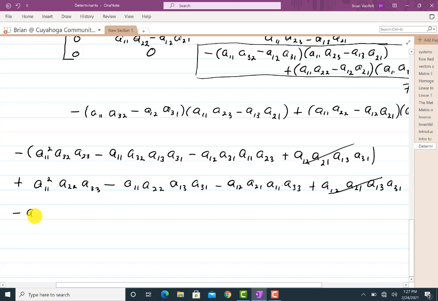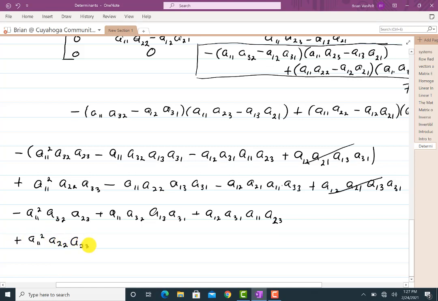I get negative A11 squared, A32, A23 minus, well, plus A11, A32, A13 times A31 minus A12, A31, make that a plus, A11, A23, plus A11 squared, A22, A33, minus A11, A22, A13, A31, minus A12, A21, A11, A33.